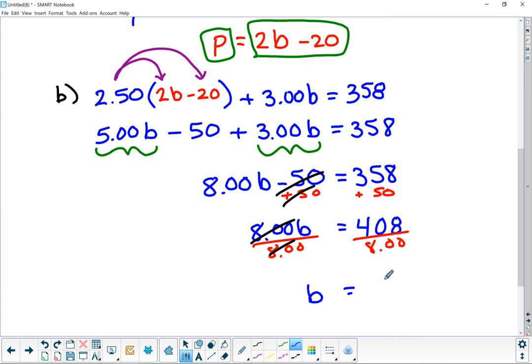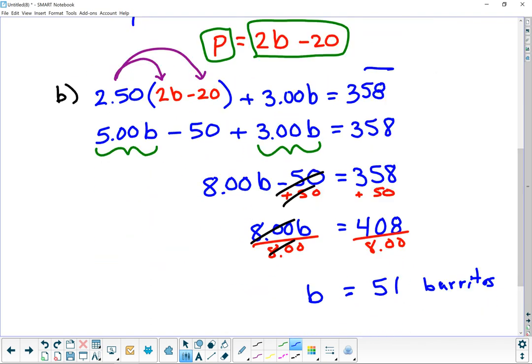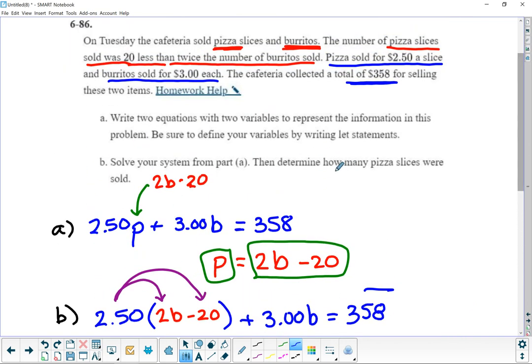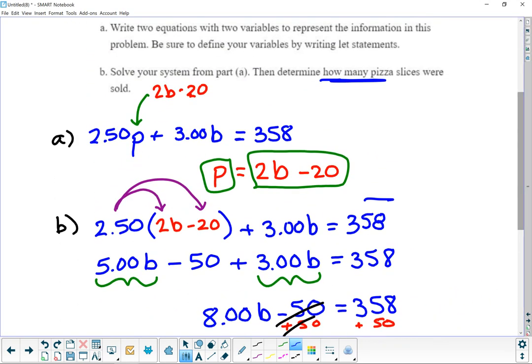So we get B equals 51. That means there are 51 burritos. Unfortunately for us, they don't want to know how many burritos. They want to know how many pizza slices. We found out there were 51 burritos, but we want pizza slices. And look, lucky us, pizza slices are right here.